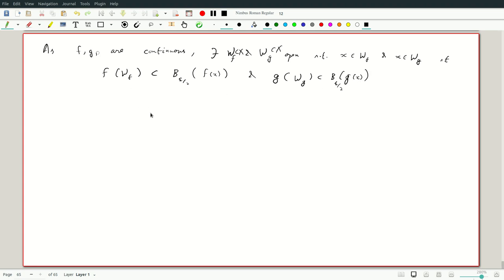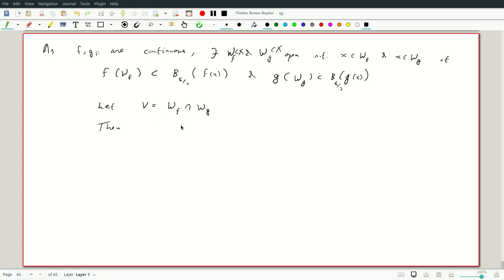Okay, so then what do we know? Well, let V be the intersection of these two sets, W_f intersection W_g.